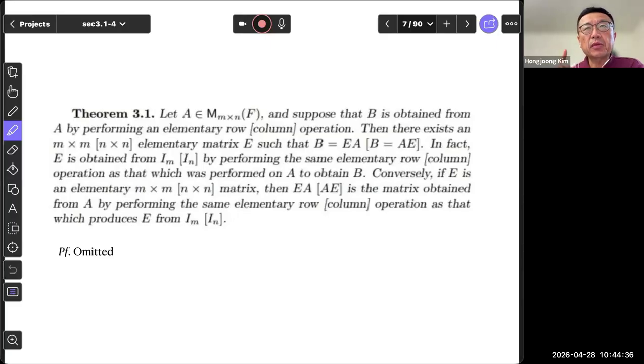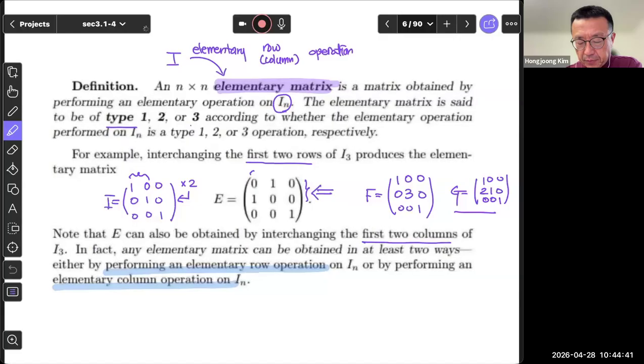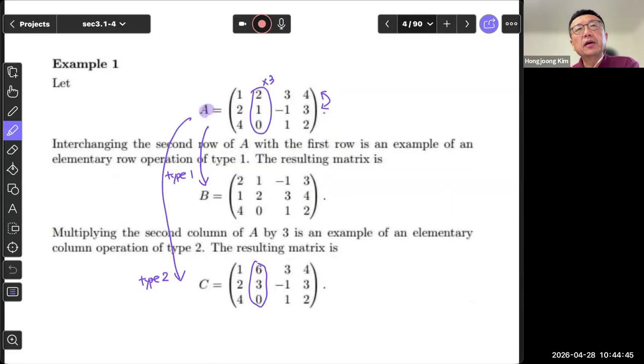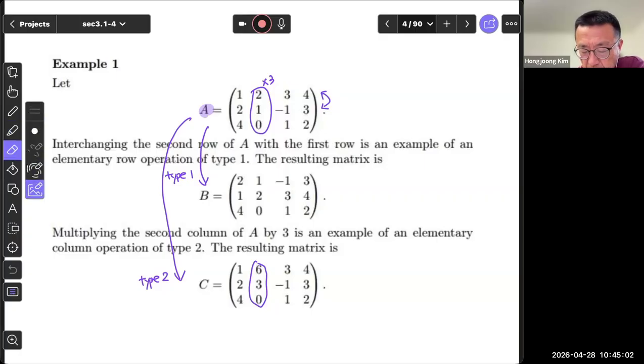Theorem 3.1 says: given matrix A, B is obtained by interchanging the first two rows of the A matrix. That's how we get the B matrix.